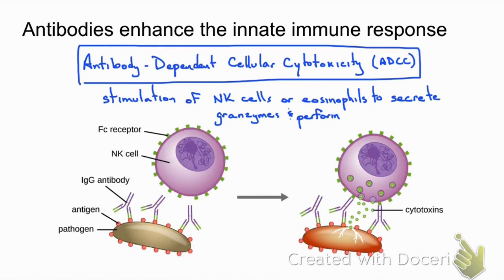When this Fc receptor binds to the antibody that's bound to the antigen, this stimulates the NK cell to secrete the granzymes and perforin that would be used to cause cell death. Eosinophils perform a very similar function, but it is thought primarily that eosinophils are used to treat parasitic worm infections such as tapeworm and heartworm.